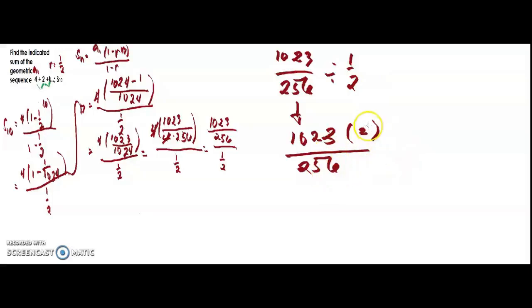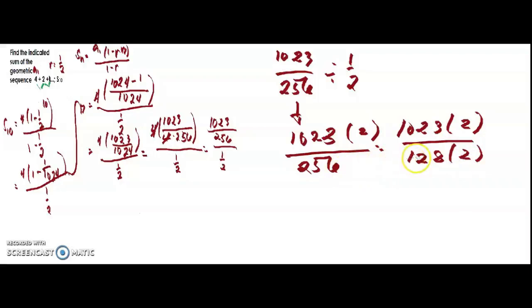Okay. Since meron tayong isang even number dito at even din yung nasa baba, factor ng 256 ang 2, right? 256 is equal to, so write natin to, times 2. 256 divide 2. So, we have, ang factor ng 256 ay 2, or 128 times 2 is also equal to 256.